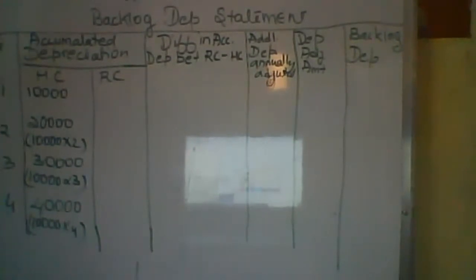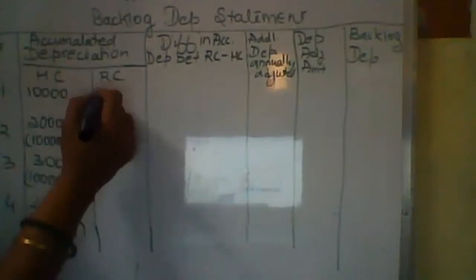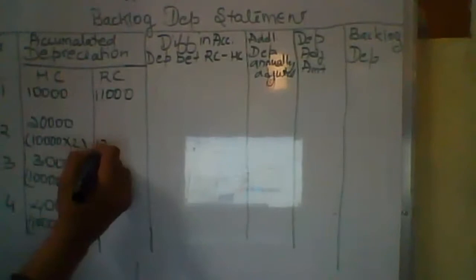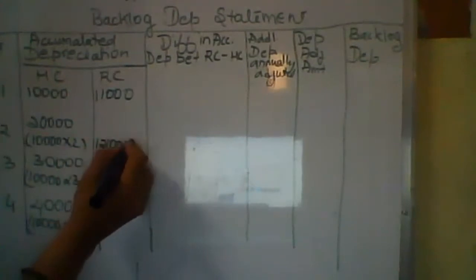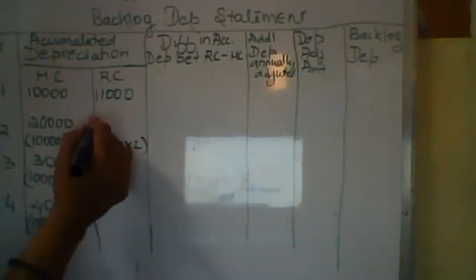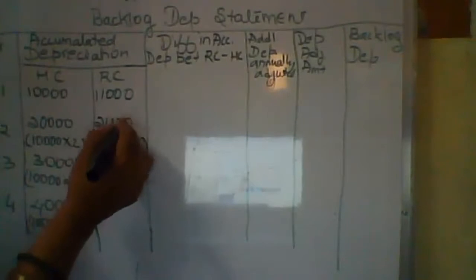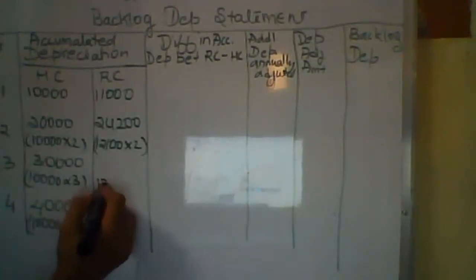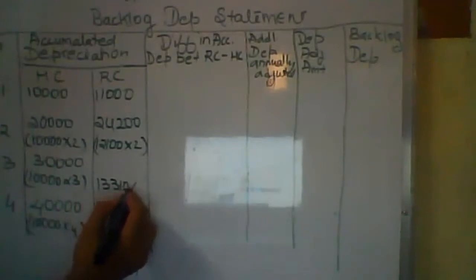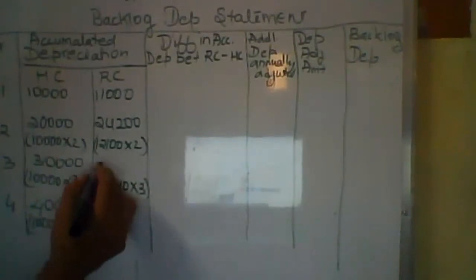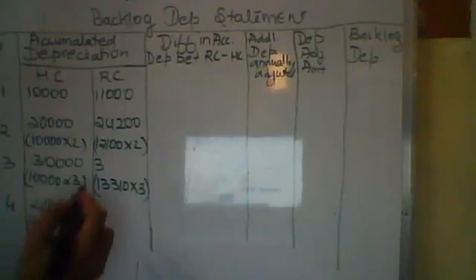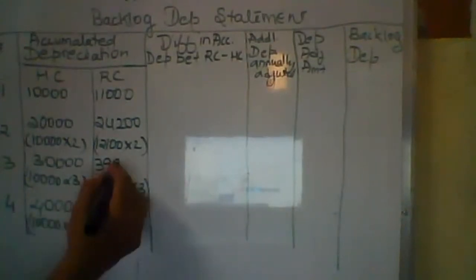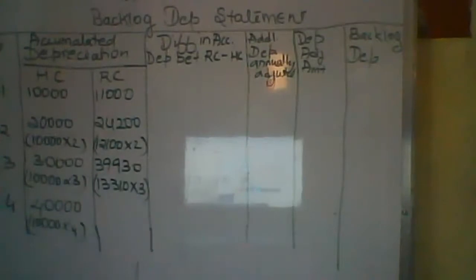Now according to replacement cost. First year how much we had in replacement cost? 11,000. Second year how much we had? 12,100 into 2, 24,200. Third year how much we had depreciation? 13,310 into 3, 39,930.